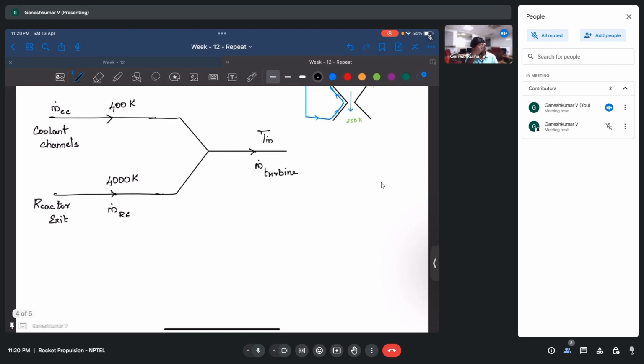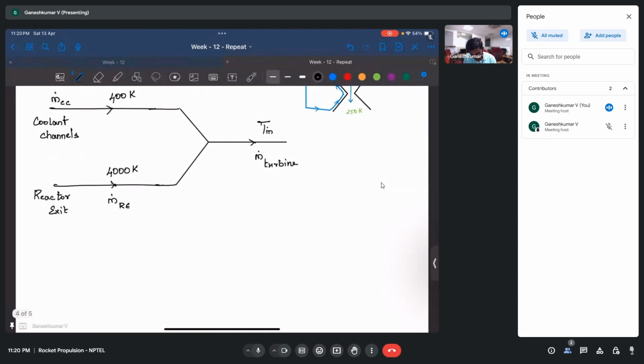So using this information, what we can do is an energy balance. The energy entering and energy leaving should be the same, right? That is the energy conservation. All these are steady flow analyses, so you can use the steady flow energy equation to do this analysis.